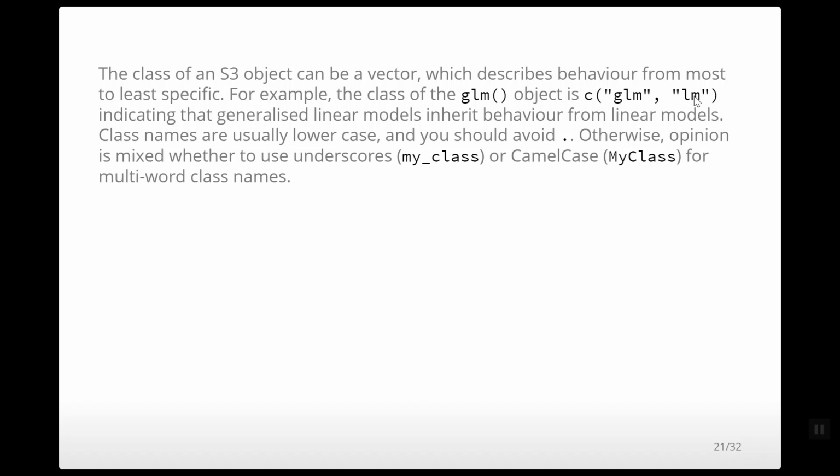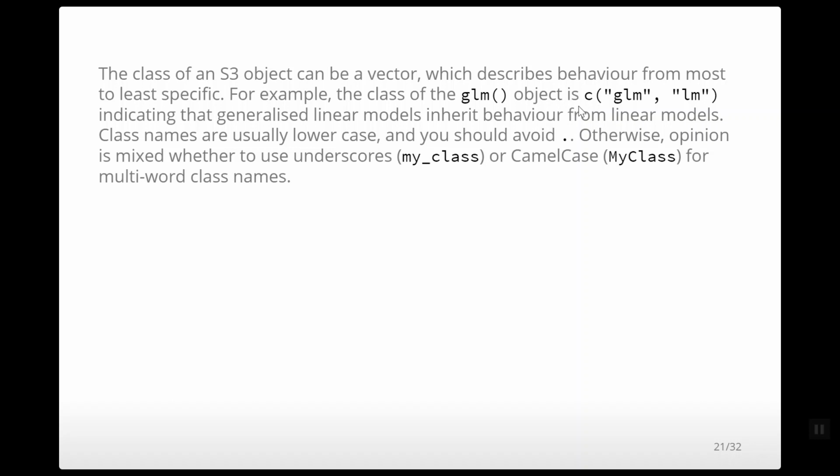But if you don't find a method specific for GLM, but you do find a method for LM, then use that. And if you don't find a method for GLM or LM, then just use the default method. So there's probably a print.glm method, but there might not be some other method that exists, maybe there's a plot for LM but not GLM, I'm not sure.